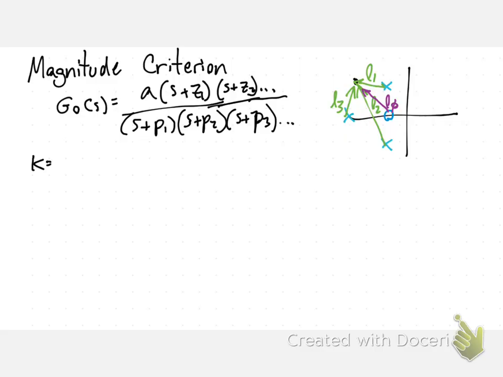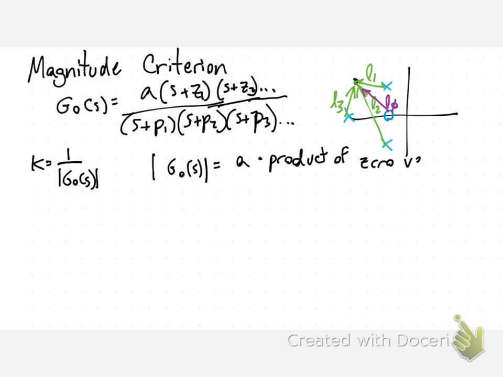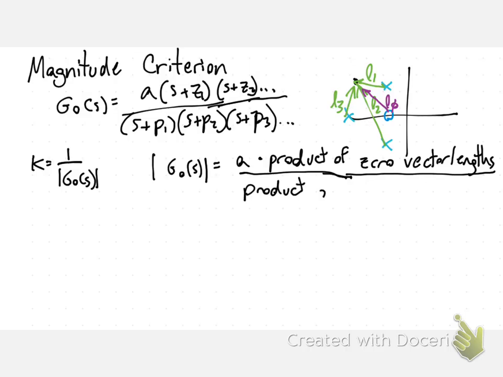We have that K is equal to 1 over the magnitude of GO of s, and we can say that the magnitude of GO of s would be equal to a times the product of our 0 vector lengths. So in that little example we've got drawn up there, we have 1, 0, and the 0 vector has a length of L phi. And then we're going to divide that by the product of our pole vector lengths.